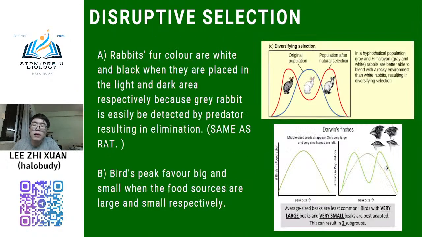Okay, so this is one type of example, and another example is rabbit fur color. This one is very famous. The intermediate color of a rabbit is white.